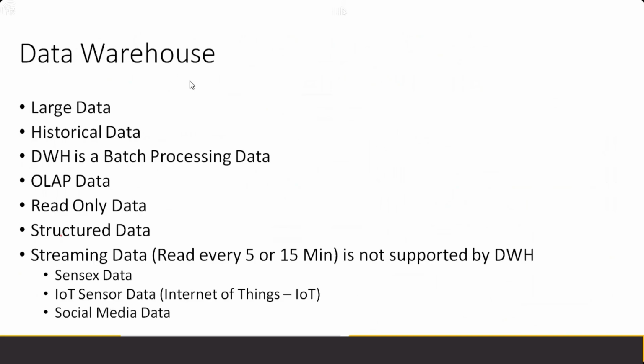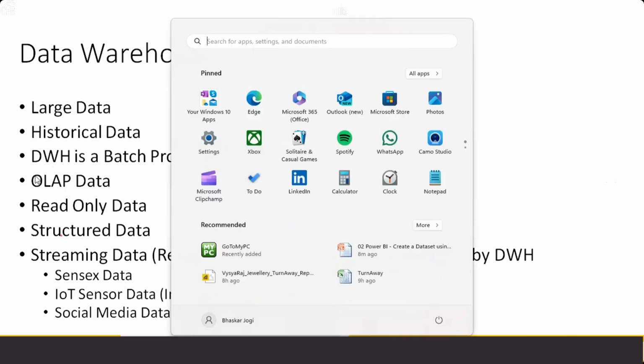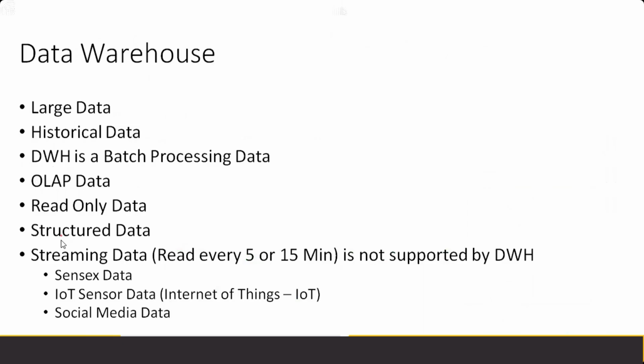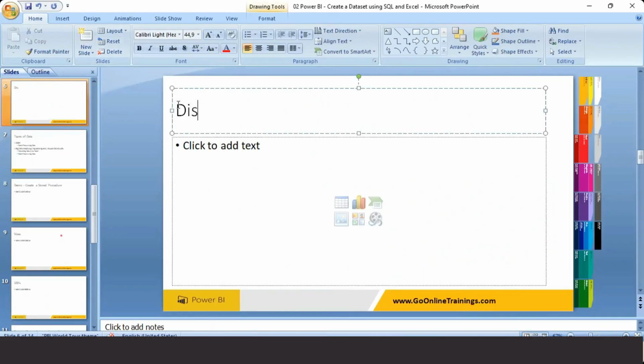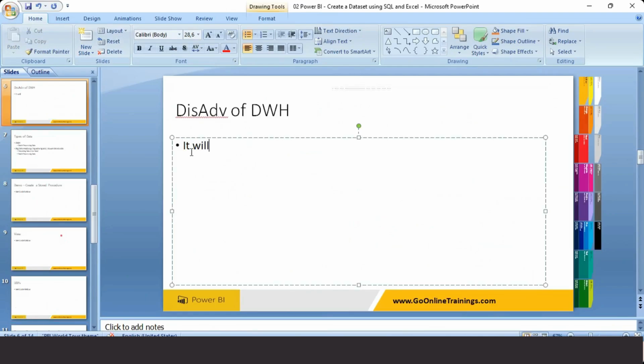So what are the disadvantages of a data warehouse? If somebody asks you, you should know all of them. Disadvantages of a data warehouse: it will not support semi-structured and unstructured data.